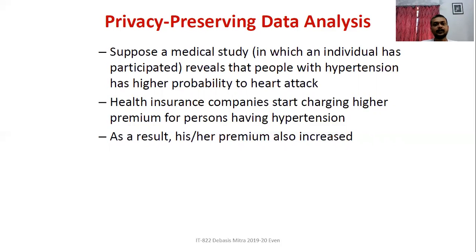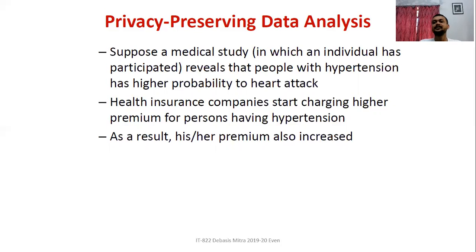Now, it was found by compiling data from several thousand users that hypertension yields a higher probability of heart attack. It's an overall finding. It apparently doesn't say anything about an individual user, but that is not true actually. If a person is having hypertension, he is having a higher probability of heart attack.